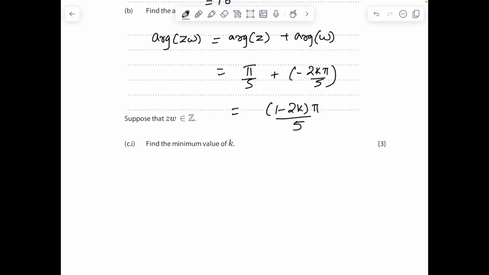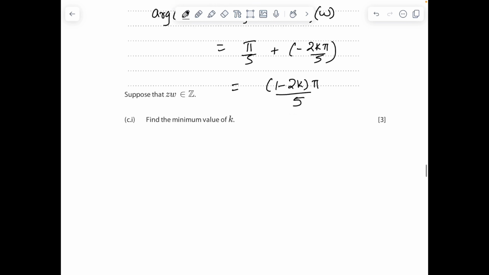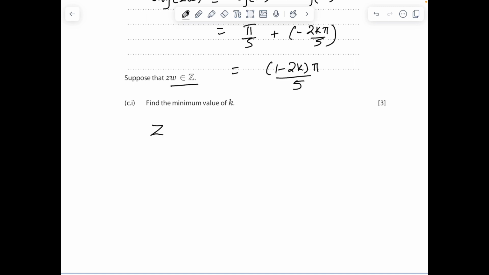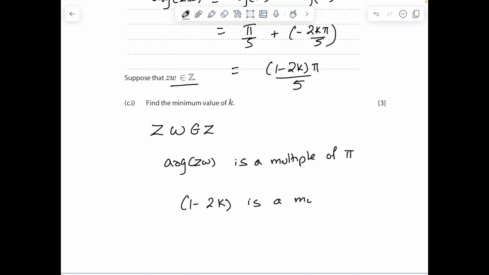Find the minimum value of k. So he gave that z omega belongs to the integers, meaning argument of z omega should be a multiple of pi. So there should be no denominator. So it makes 1 minus 2k a multiple of 5.